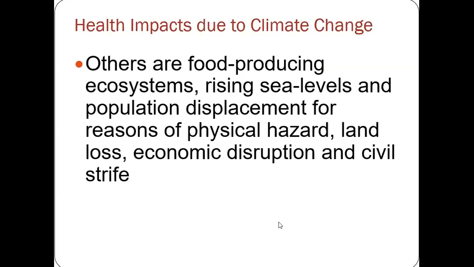In most parts, land areas are usually flooded, and when we flood them, it becomes a physical hazard and a land loss, contributing to economic disruption or sometimes civil strife.